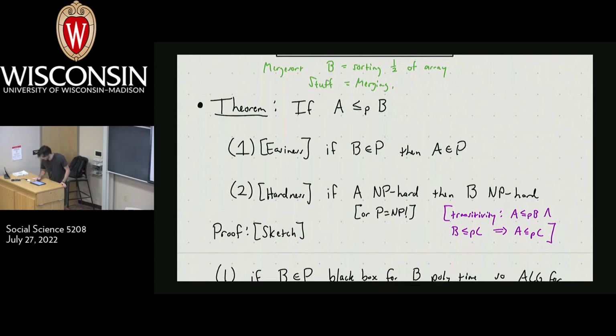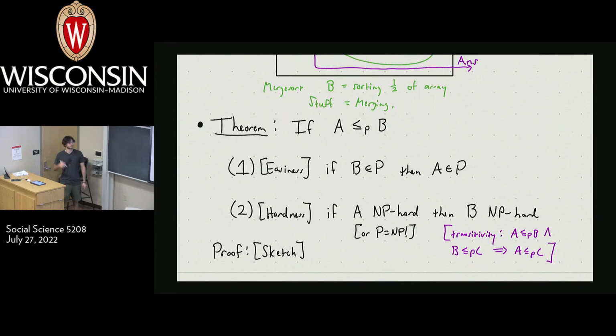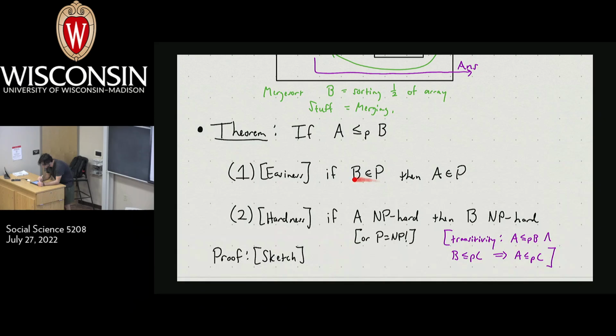Okay, so now here's the important part. This is where the NP-hardness comes in. If A reduces to B in polytime, and B, the problem on the right, is in P, then A is in P. So that's easiness. That's what we've been doing throughout the course, right? We solve a problem by reducing to another problem we know how to solve.